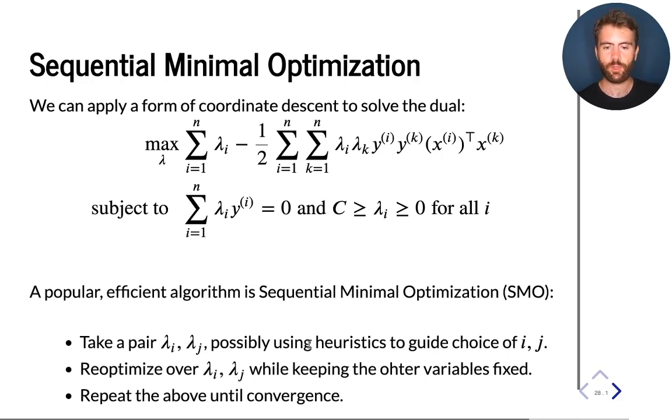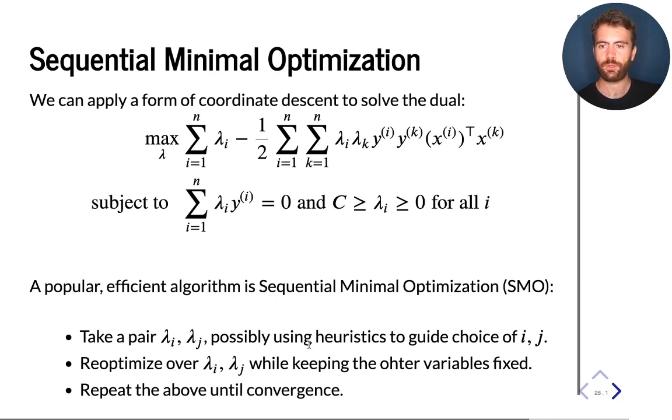We repeat the following steps as long as the function is being optimized. We take a pair of lambda i and lambda j, and there are certain heuristics that can be used to choose these in practice. And then we optimize over lambda i and lambda j while keeping all the other variables fixed.